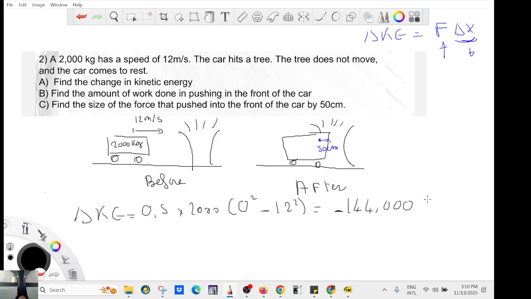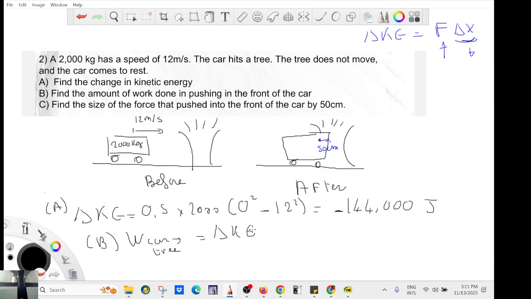You can do it in your head because 12 squared is 144, so that you have to know. And then half of 2000 is 1000. So 144 times 1000 will be negative 144,000 joule. So B, the work done by the car on the tree, by definition, is the change in kinetic energy.